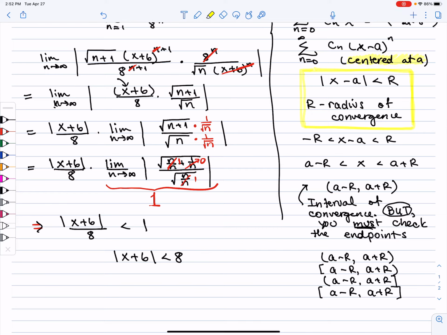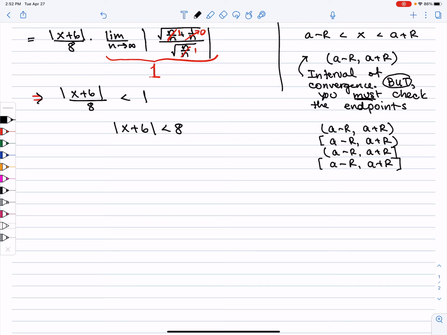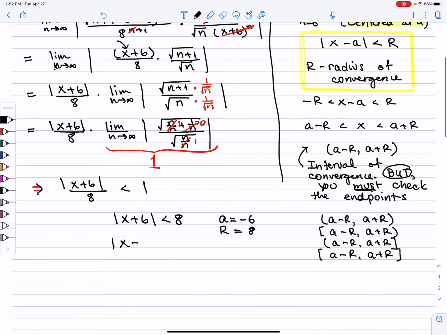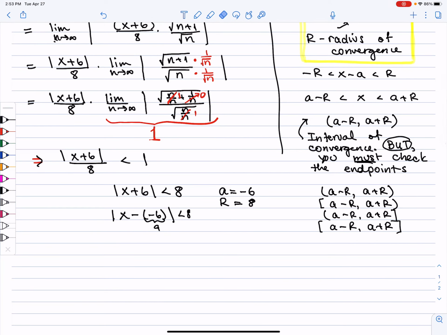So with this information, we can say that the center a is equal to negative 6 and r is equal to 8. And just to make sure that you see it, we need to have it in the form of x minus a. So x minus a negative 6 less than 8. Okay? So your a is negative 6.